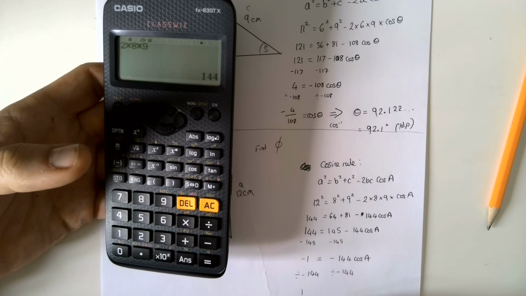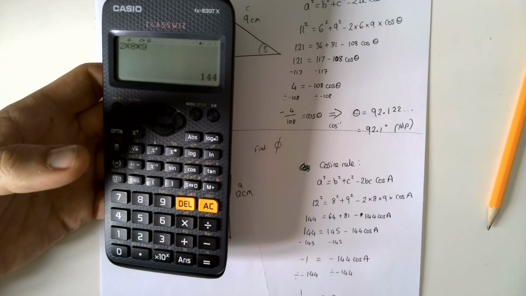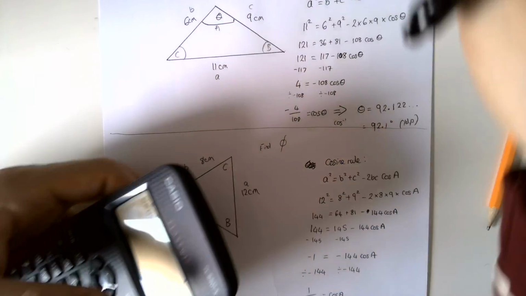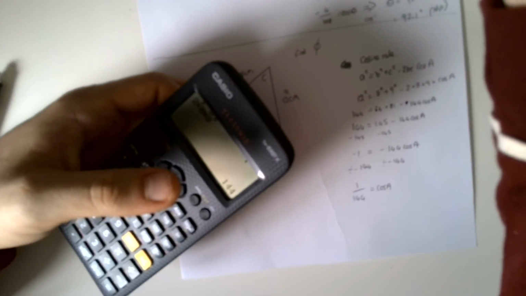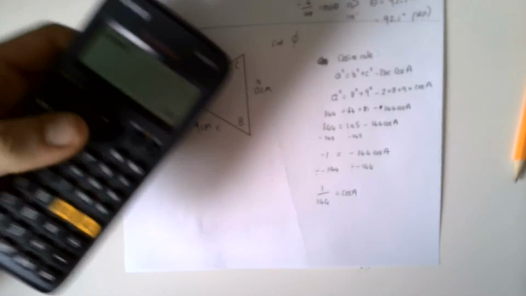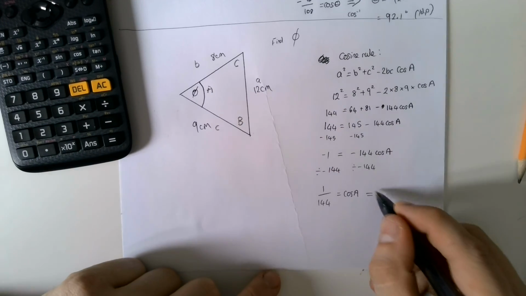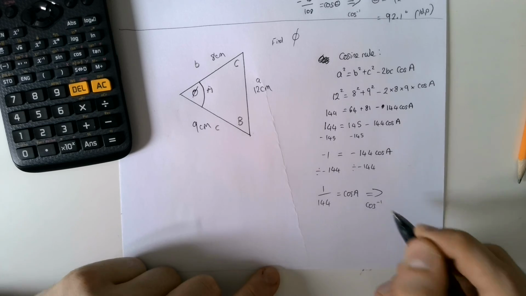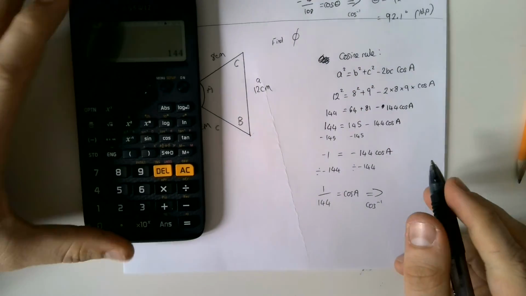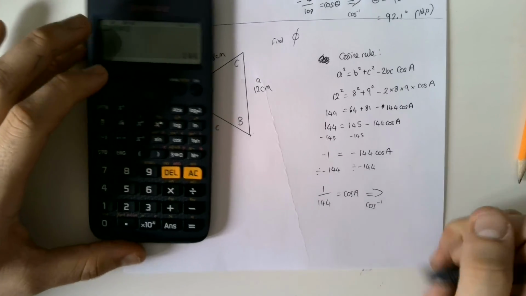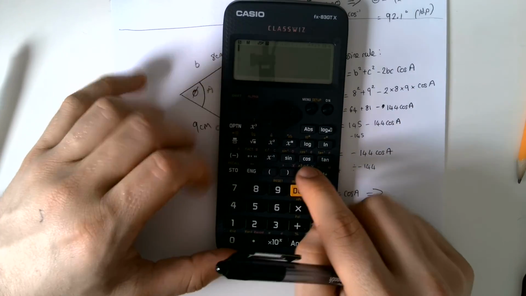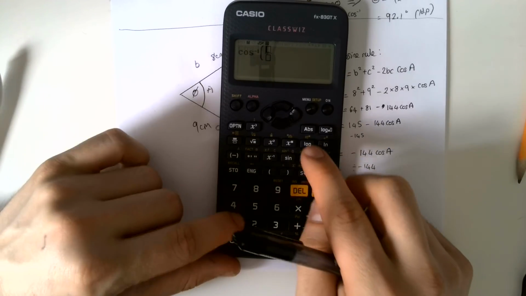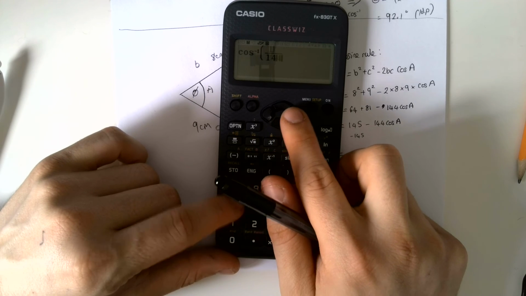That gives me 1 over 144 equals cos A. So I found the cosine of the angle. Not what I want though, I just want the actual value of the angle. So I'm going to apply the inverse cos minus 1 function. Type it into my calculator. So inverse cos, shift cos, 1 over 144.